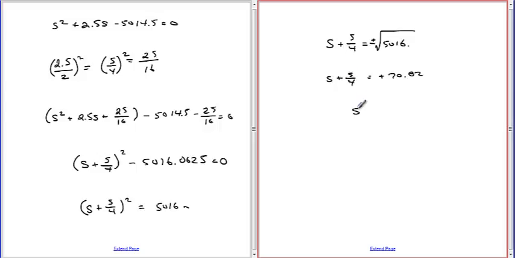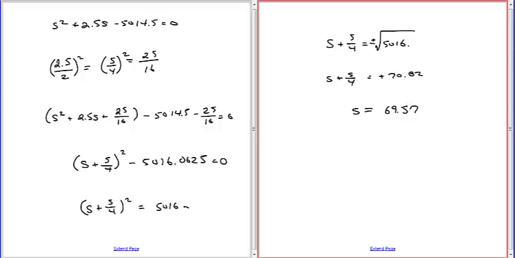So you subtract 5/4 from both sides. So we take 70.82 and subtract 5/4, and we get 69.57. And that's miles per hour.